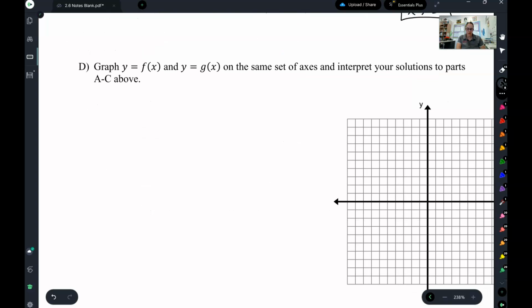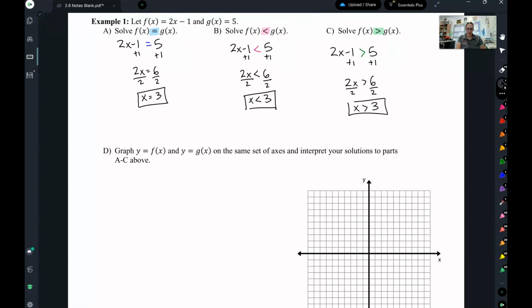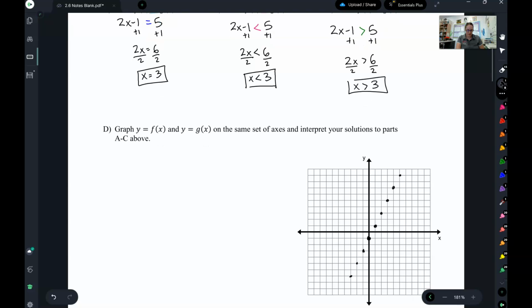So we're going to start down here. We're going to graph our two equations. So I have f of x is 2x minus 1, so my y-intercept is minus 1. Slope is up 2 over 1, up 2 over 1, up 2 over 1. That gives me my f of x.